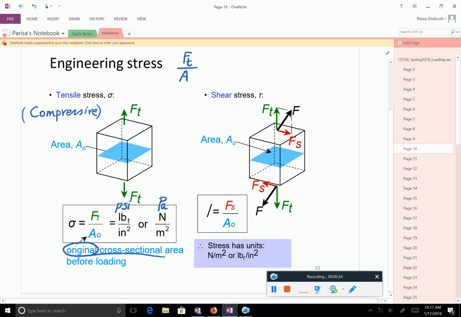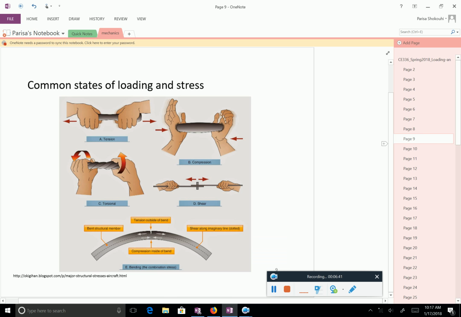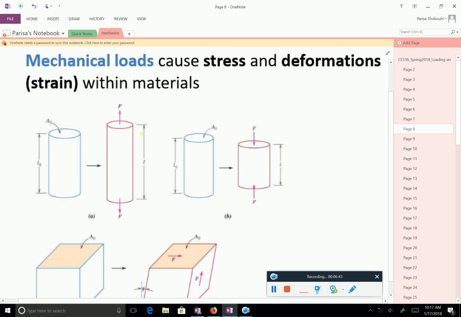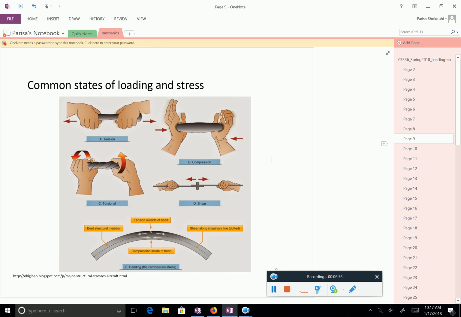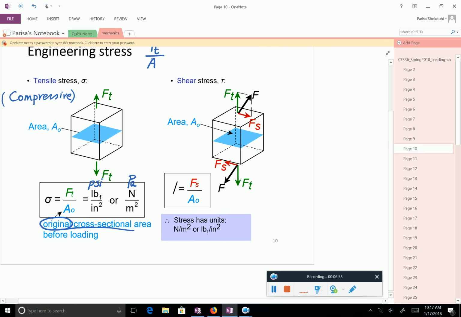So you may also define a stress as the force divided by the area as you're applying the stress, and this area becomes smaller in case of tensile stress, or larger in case of compressive stress. You may remember this figure. If you apply tension or compression, the area actually is going to change. So that's why we call it engineering stress.